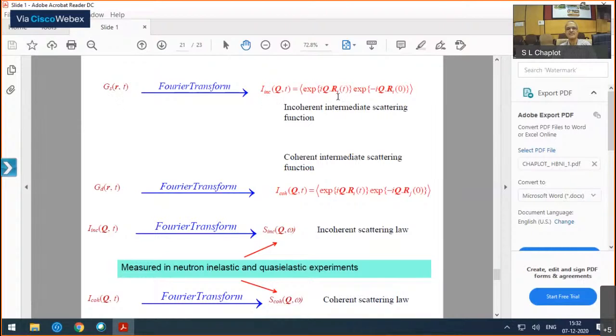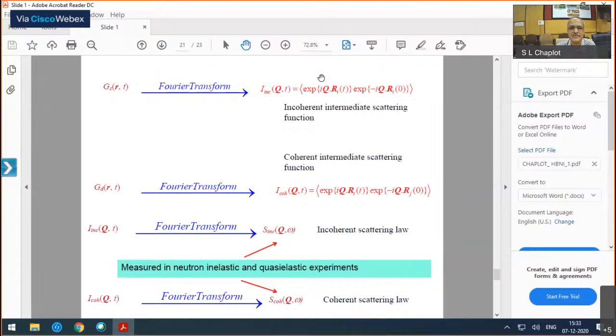And so the probabilities which were written in terms of delta function, these are just the exponential e^(iQ·r_i(t)) and e^(-iQ·r).